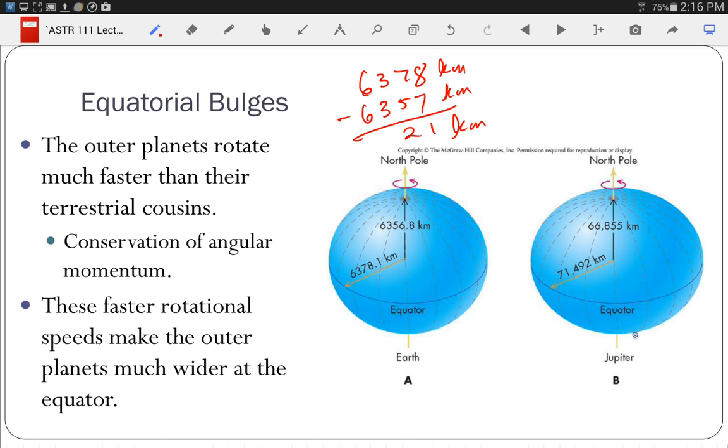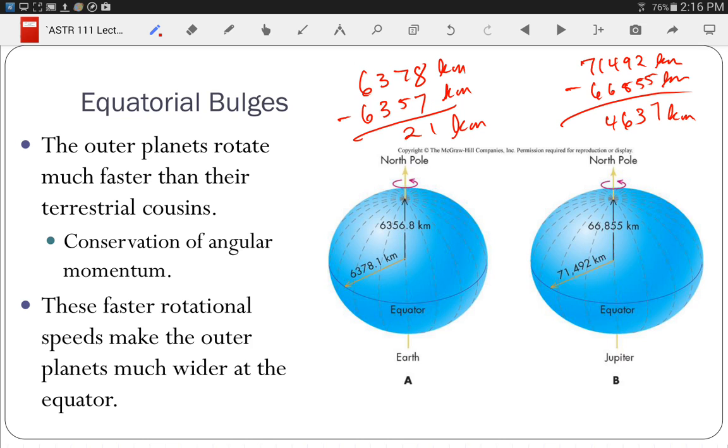Now, if you look at Jupiter, you have 4,637 kilometers difference in the radius at the equator compared to at the pole.